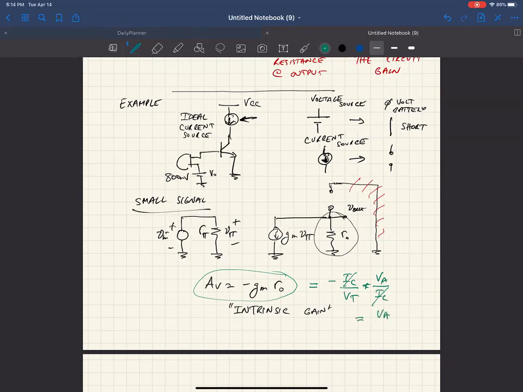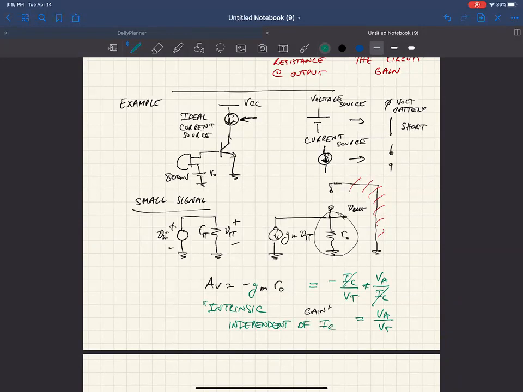So you end up with the early voltage over V sub T. So you see, this is the intrinsic gain, A_V = g_m r_o, and it is independent of current.